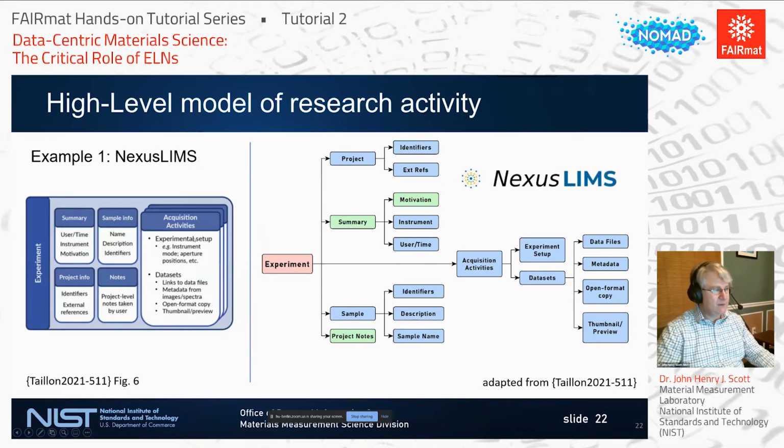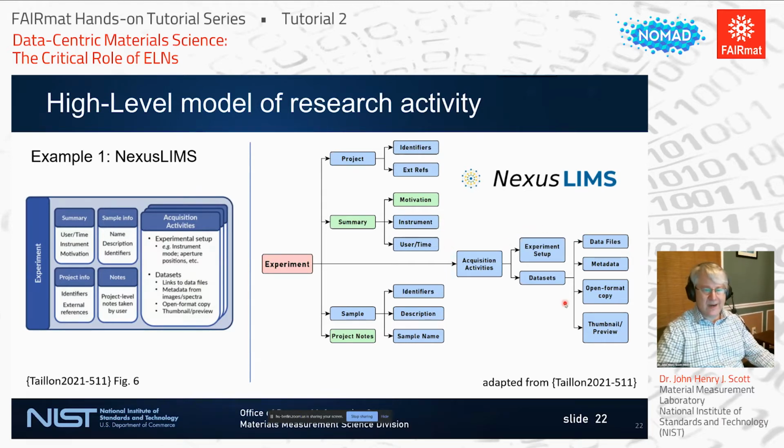This high-level view model of the research activity that is built into or part of the schema for the Nexus LIMS, I turned into a graph showing, okay, it's centered basically on an experiment. The experiment is part of a project. There's a summary, you record motivation, project notes. These green items are the kind of things that would traditionally be in a paper notebook. But also you have information about instruments, users, and so on.